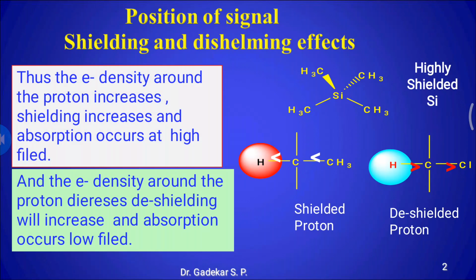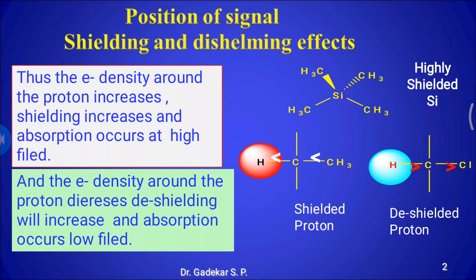High field means protons are highly shielded. Low field means protons are deshielded. Downfield, protons are deshielded, and upfield means protons are shielded. So the position of signal or chemical shift depends on shielding and deshielding.